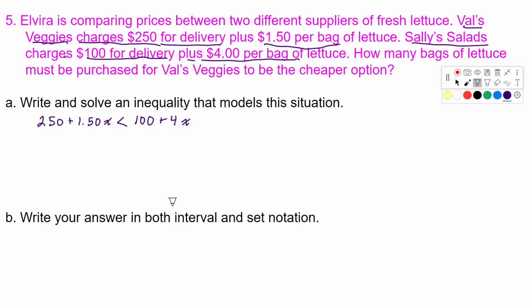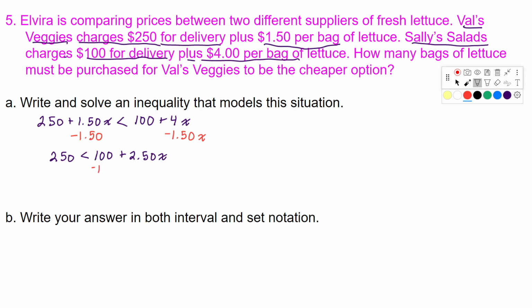So 100 plus 4x. I have x on both sides. First thing I want to do is get x on one side. I'm going to subtract the 1.50x on each side, and I will have 250 is less than 100. 4 minus the $1.50 is $2.50, so plus 2.50x.